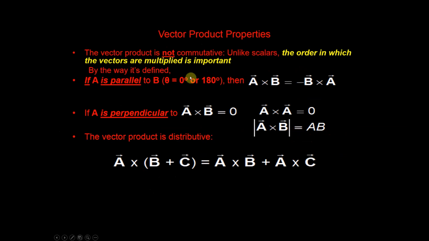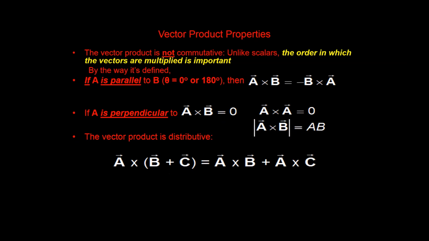Remember, our vector product is not commutative. So unlike scalars, the order in which the vectors are multiplied is very important. If A is parallel to B, theta is 0 or 180, then A cross B is equal to negative B cross A. If they're 90 degrees to one another, then we end up with A cross B being equal to the magnitude of A times B. A cross A is 0.